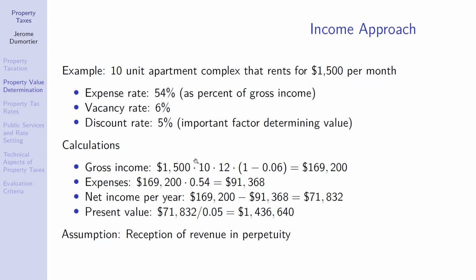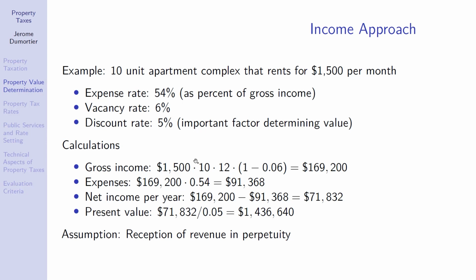So hence we can do the calculations in terms of what is the yearly profit associated with this apartment complex. So here we have $1,500 per month. We have 10 units. We have 12 months, and then we can calculate the gross income taking into account the vacancy rate, and we see that we have an annual income of about $169,200.